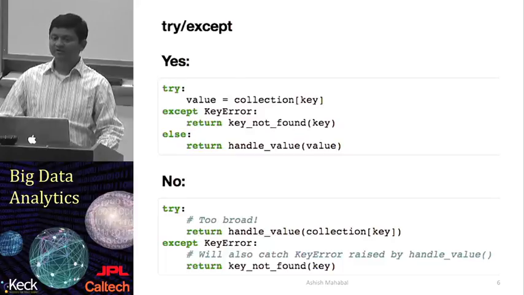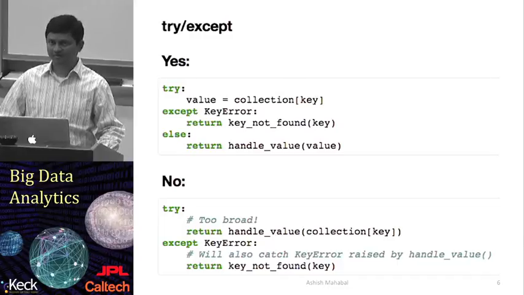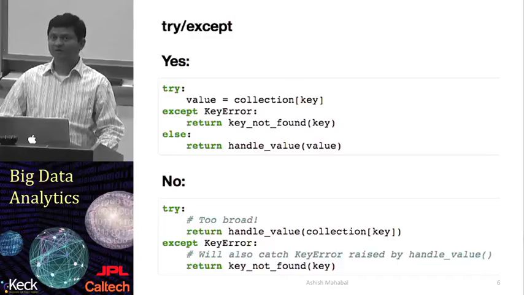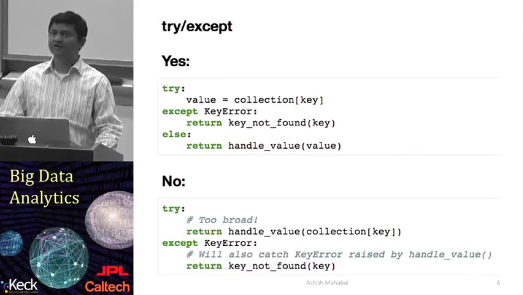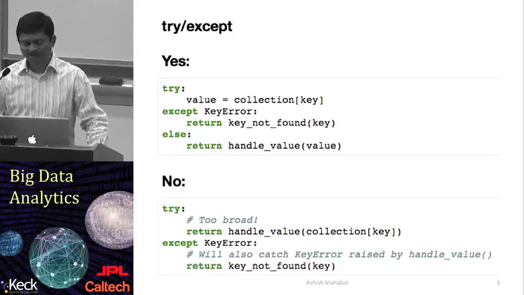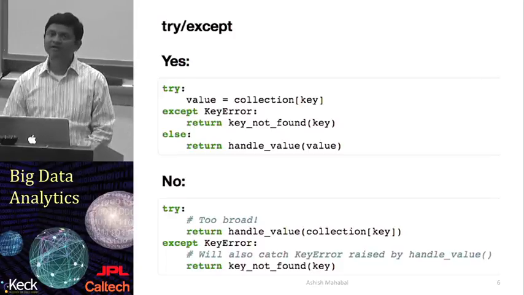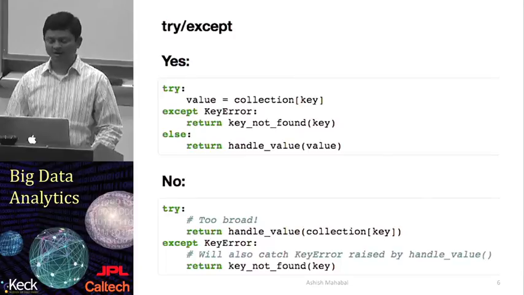Clearly, if it works, you get the correct answer. But if it does not work, then your exception says key not found here. Well, that may be part of the problem, but it is also possible that the key itself was found and the error was in the handle value function, and that is not clear at all from the exception being indicated here. So you have to be careful that you do not have too broad a try except.